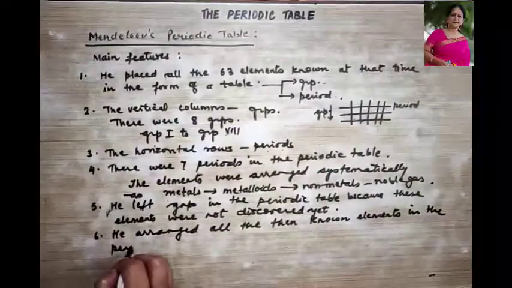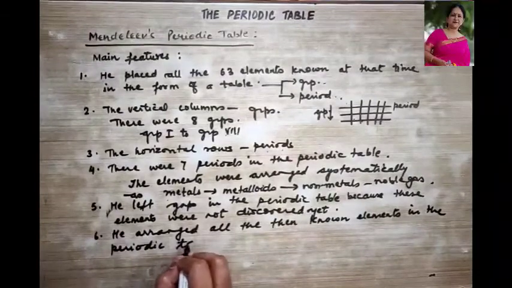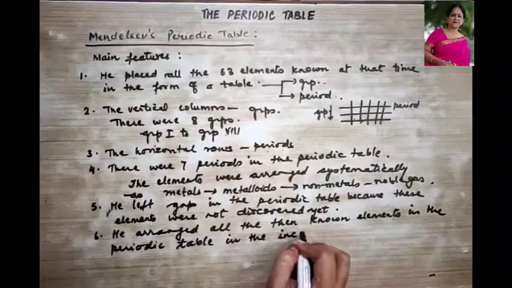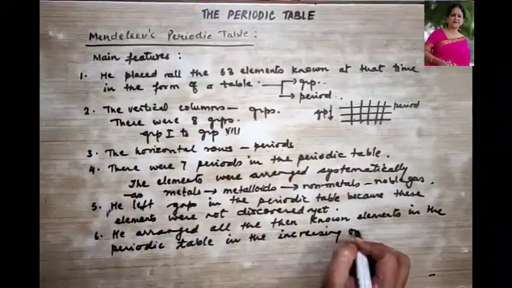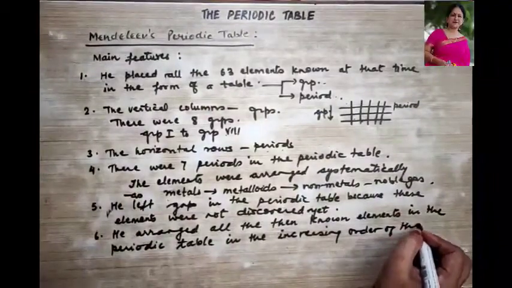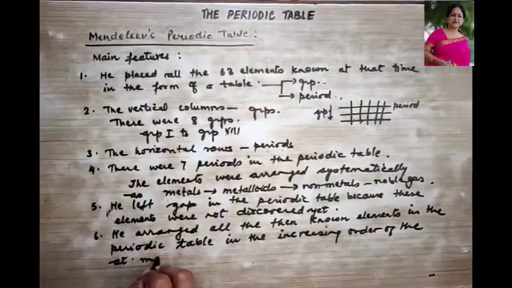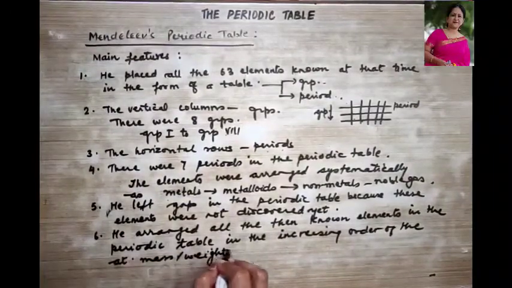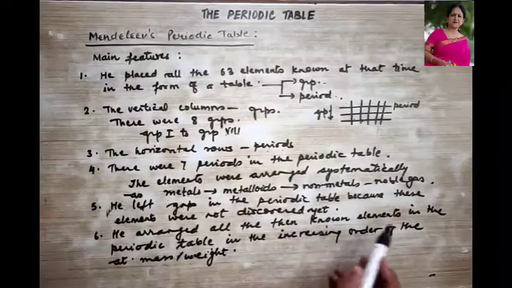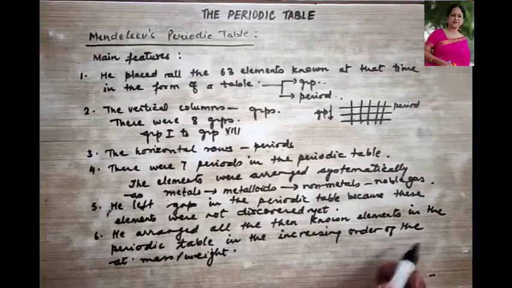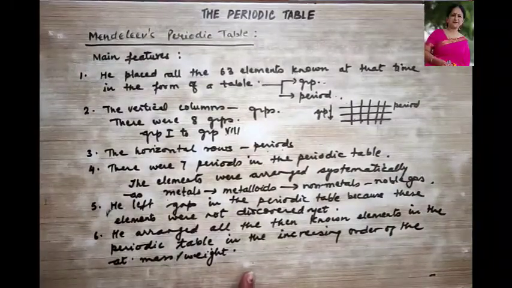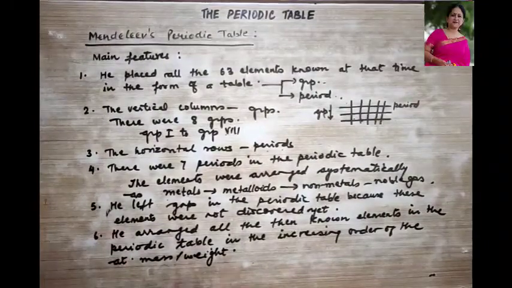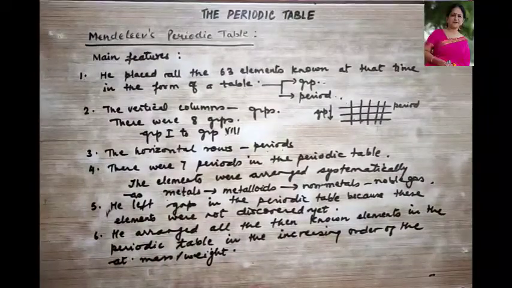He arranged all the then known elements in the periodic table in the increasing order of the atomic masses, or atomic weight. This was also very important. Okay. So once again, I would like to explain this, and then we shall move ahead.